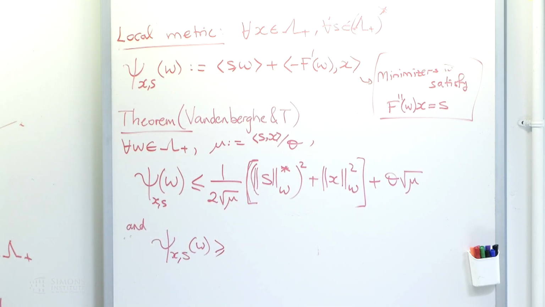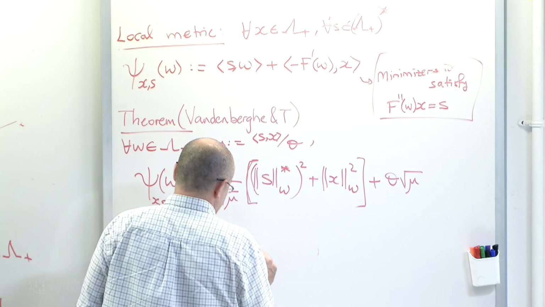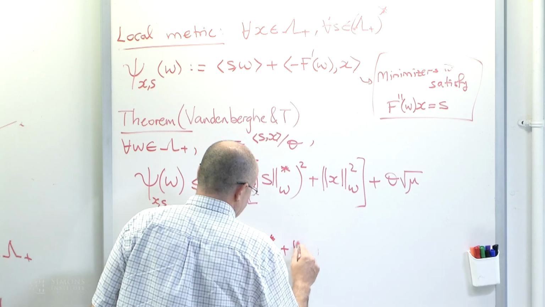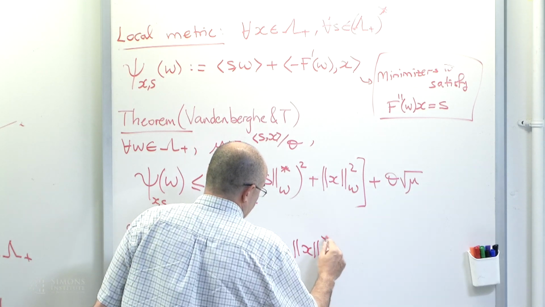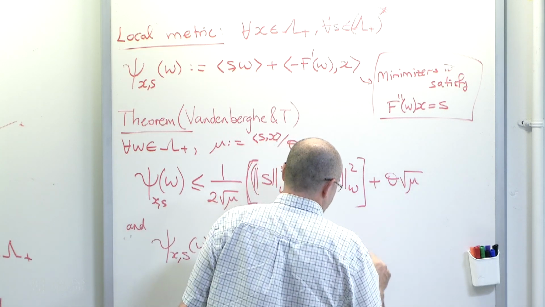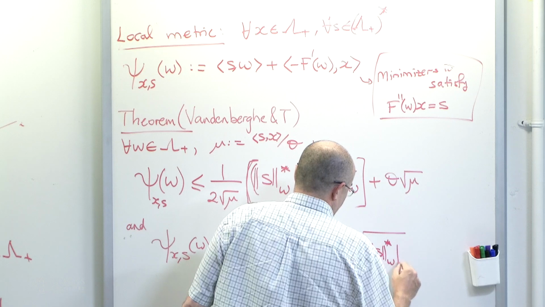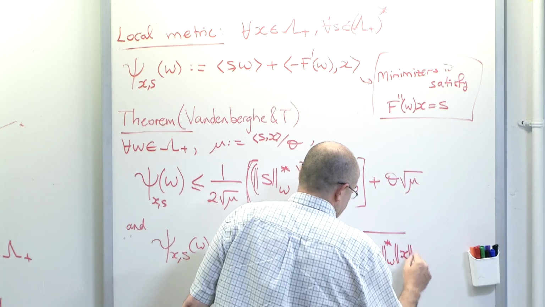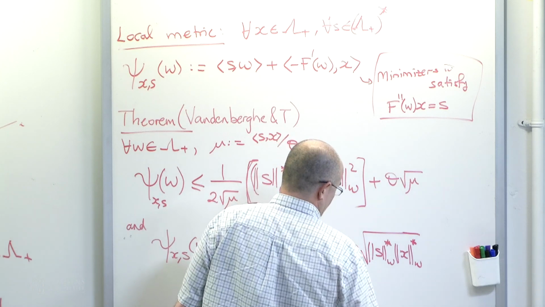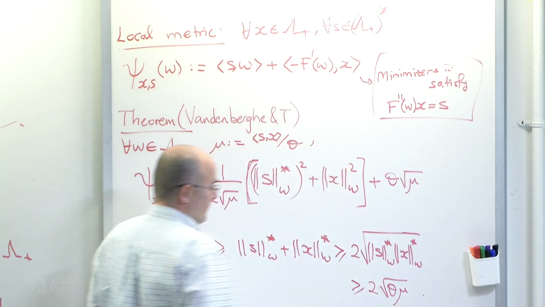There's also a lower bound in terms of the same kind of things. And the lower bound is S(W star) plus X(W star), which is greater or equal to 2 times square root of S(W star) X(W star), and this is greater or equal to 2 times square root of theta mu.